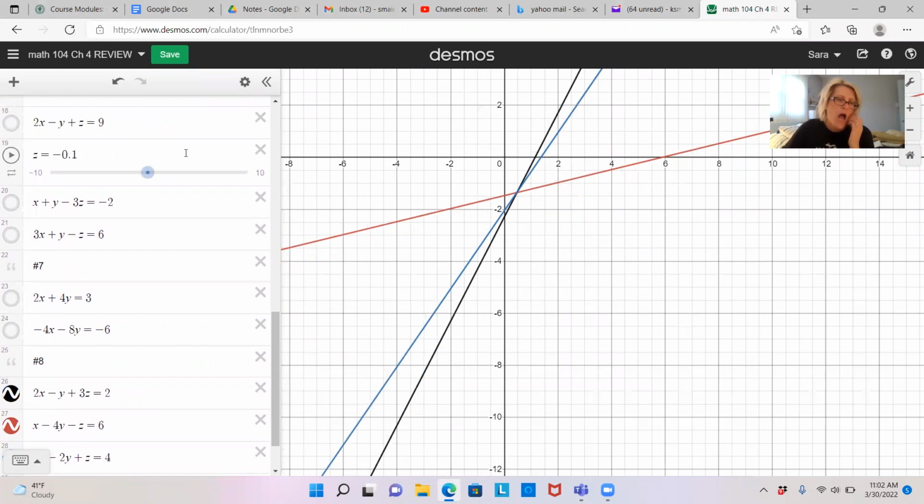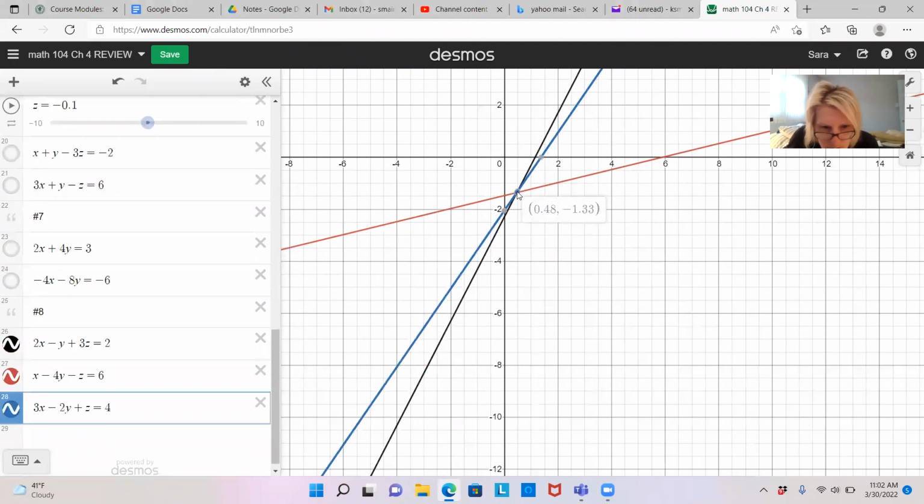So it looks like when z is a negative 0.1, let's look at these other ones. We get 0.48 and a negative 1.433. And z is a negative 1/10.